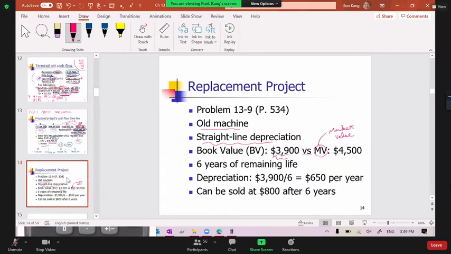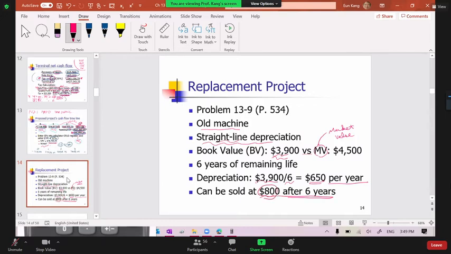So because of straight line depreciation, book value divided by 6 years of remaining life, then 650 per year depreciation is foregone. Because you sell this machine, you cannot get that depreciation, opportunity cost, and it can be sold at 800 after 6 years. And this one is also gone.